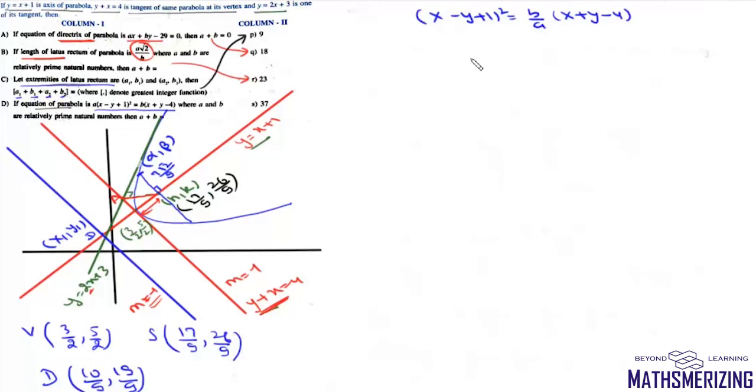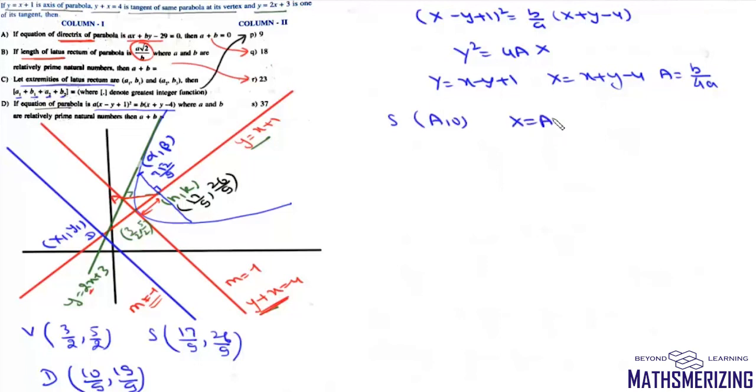We'll compare it with the standard equation, capital Y square equals 4a capital X. Here capital Y is x minus y plus 1 and capital X is x plus y minus 4, and here 4a is b upon a. Now we know that the focus of this parabola is at (a, 0), so capital X equals a and capital Y equals 0.